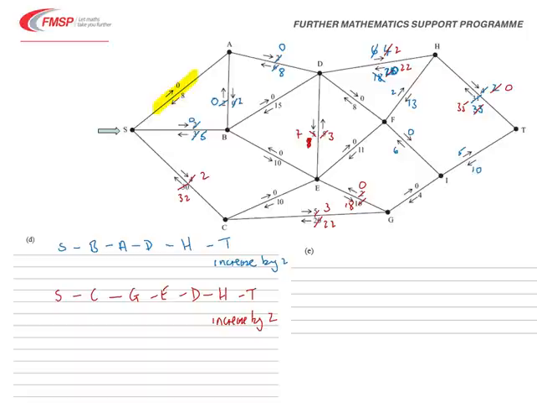So if we just mark in the saturated routes that we've got on our diagram. These are all the ones where we've got 0 in terms of going forward. There's quite a lot of them actually saturated on this particular diagram.